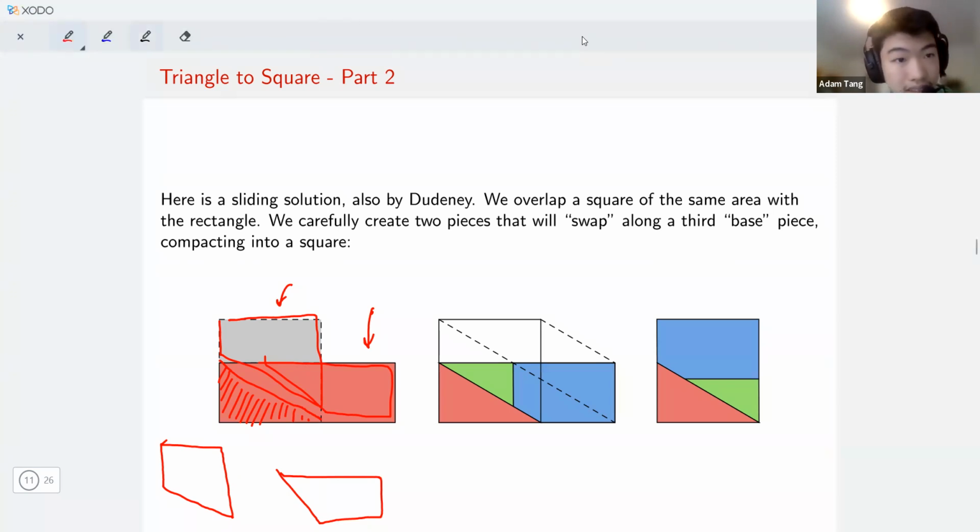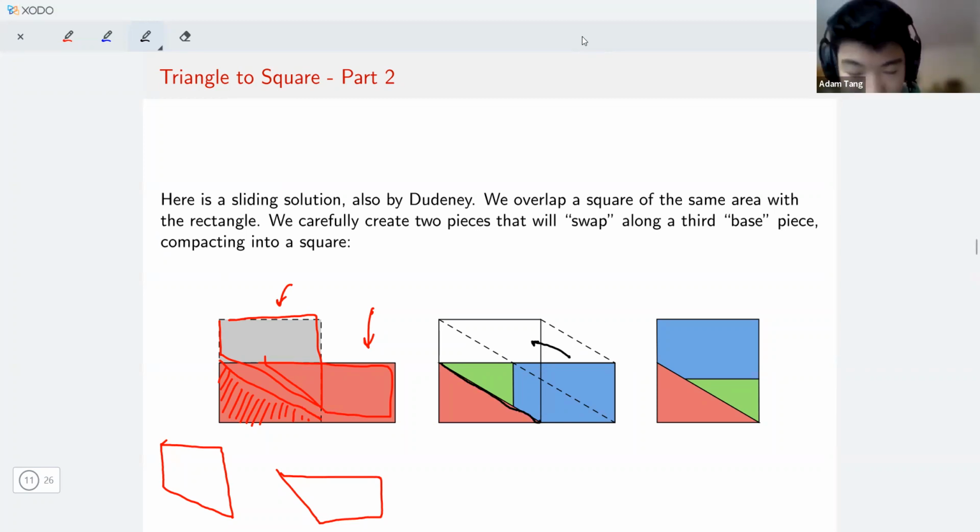Dewdney saw that we need to somehow take this piece, the blue piece here, and move it up. We need to slide it along this hypotenuse of the base triangle.